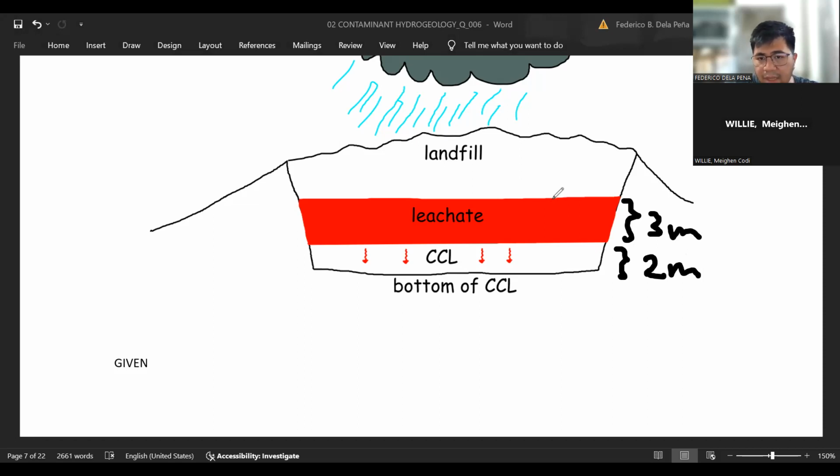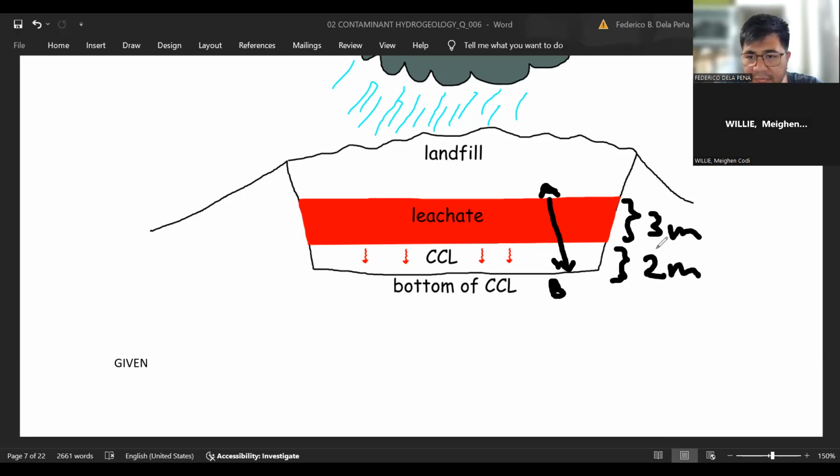And now our problem is actually going from point A to point B. And you will notice here that you now have a higher drop in elevation going from point A to point B. Again, you don't know the exact elevations of the 2 points, but we know the relative change in elevation, which is indicated by the thickness of the leachate and the thickness of the CCL.